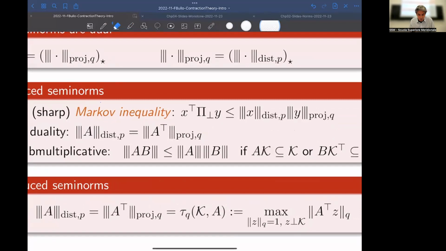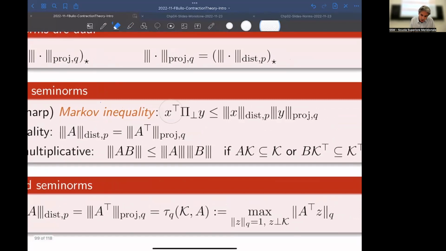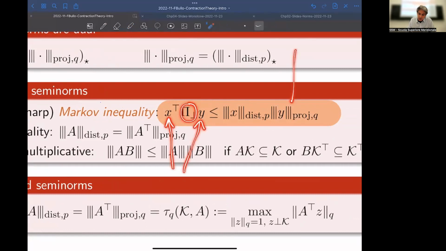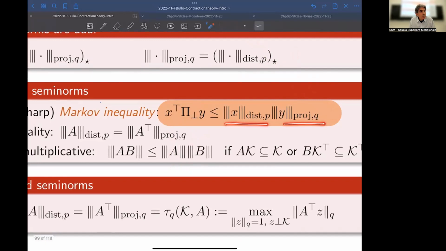The Holder inequality becomes something that is known as the Markov inequality. So if you took the inner product between X and Y, but you also project it onto the kernel perpendicular, remember? Orthogonal projection onto the kernel perpendicular. This is upper bounded in a tight way by distance times projection of the seminorms.